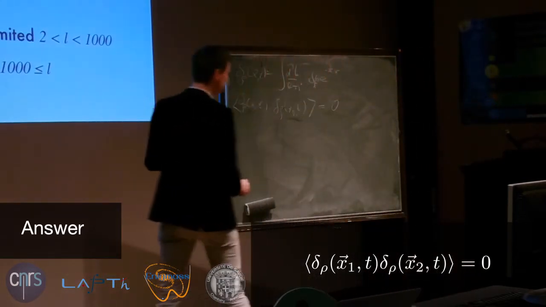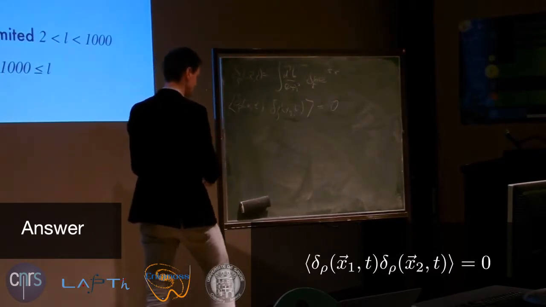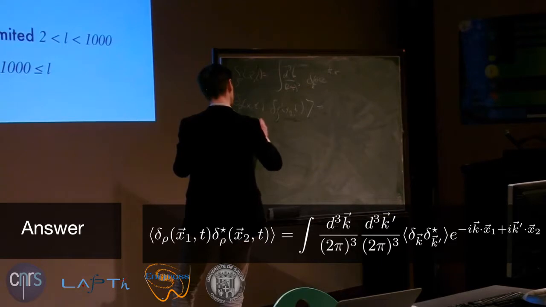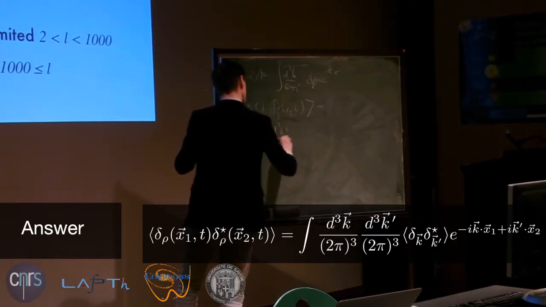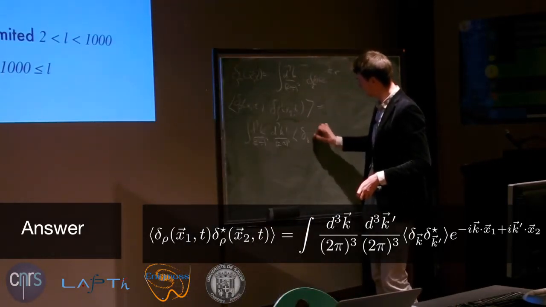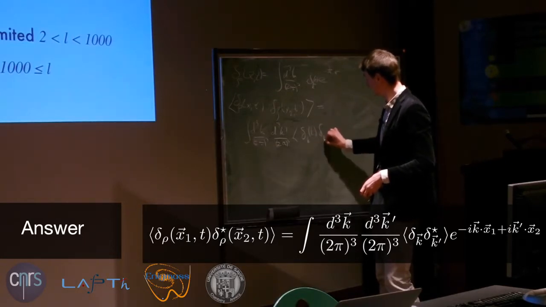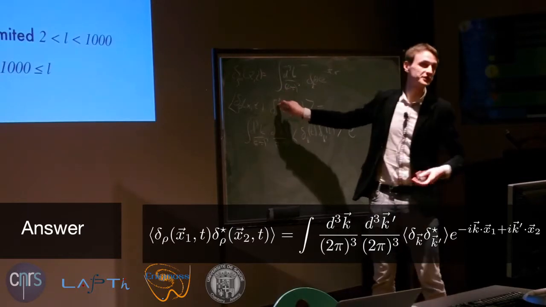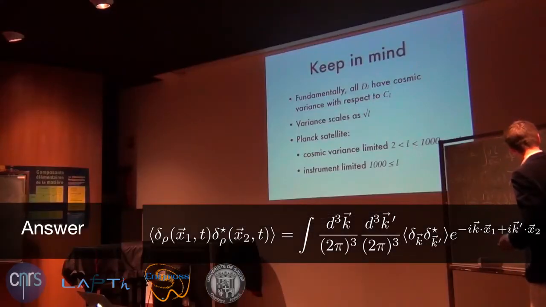The definition of a Gaussian random field is that this is not 0, but that this is in Fourier space given by d3k prime times their correlator delta k of time, of course, which I included, delta k prime of time, and then this is a real valued quantity, so I can take the complex conjugate without any punishment, minus i k x1 plus i k prime x2.